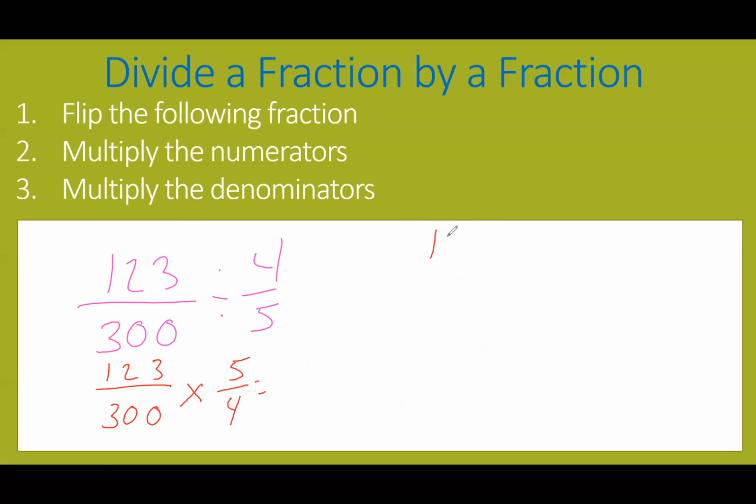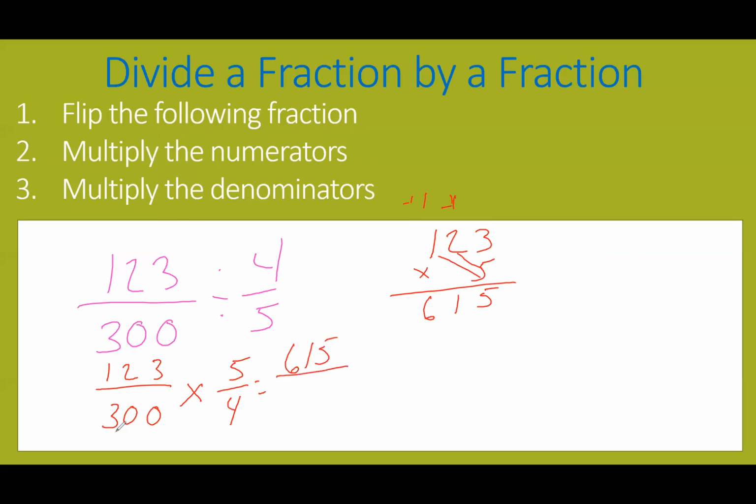So I need to do 123 times 5. Pretty simple. 5 times 3 is 15, carry the 1. 5 times 2 is 10, plus 1 is 11. And 5 times 1 is 5, plus 1 is 6. So it's 615.